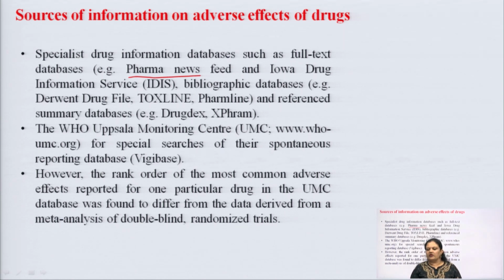Next is the bibliographic database. Bibliographic database means, students, bibliography is the reference list. At the end of a paper, a scientific article or even a magazine, you will find references or a bibliography from where you can get detailed information on the text which you are reading or are interested to search for.